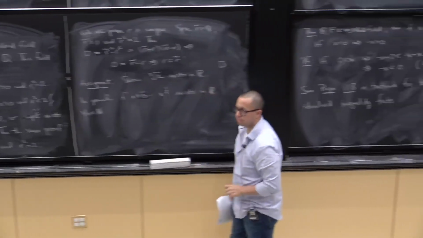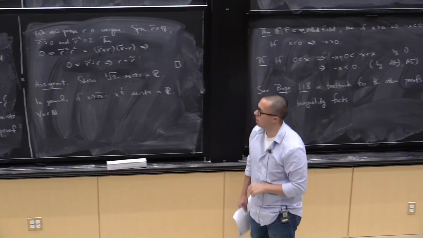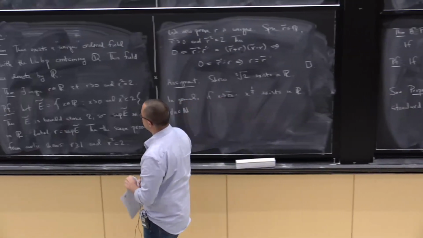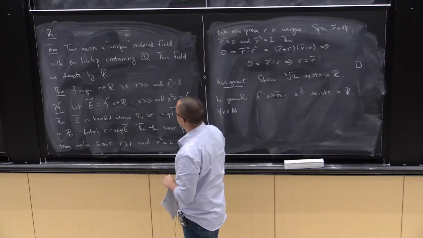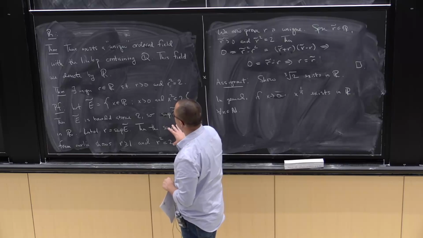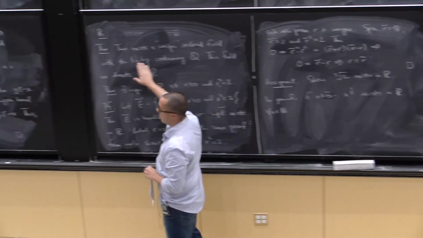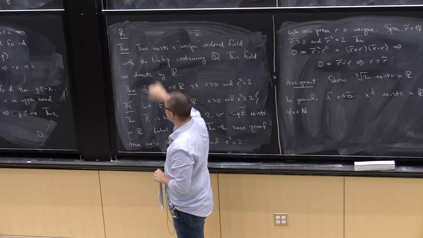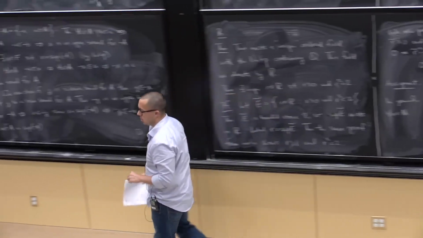Okay? So where Q failed, R succeeds, and the fact that it does succeed is not coming from an algebraic property of R. It's coming from this property about its order. Okay? All right. We'll stop there.